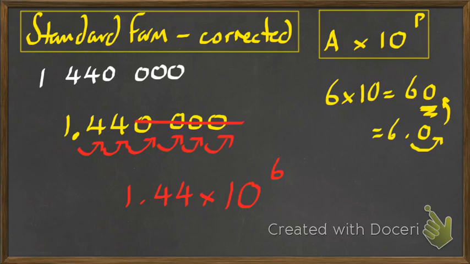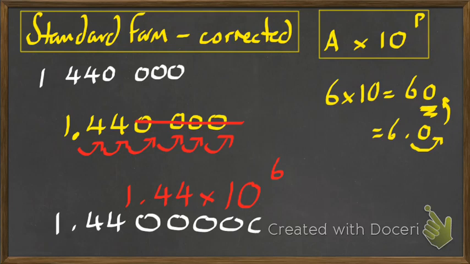Now if I wanted to test that, and testing is always a great thing, I can undo what I've just done and see if I come up with the right answer. So I'll take my 1.44, and I know I want a bigger number. I'm going to multiply by 10, so I'm just going to add some random noughts in here, and I've literally just chucked in 5, see how it goes, and I'm going to multiply it by 10 to the power of 6.